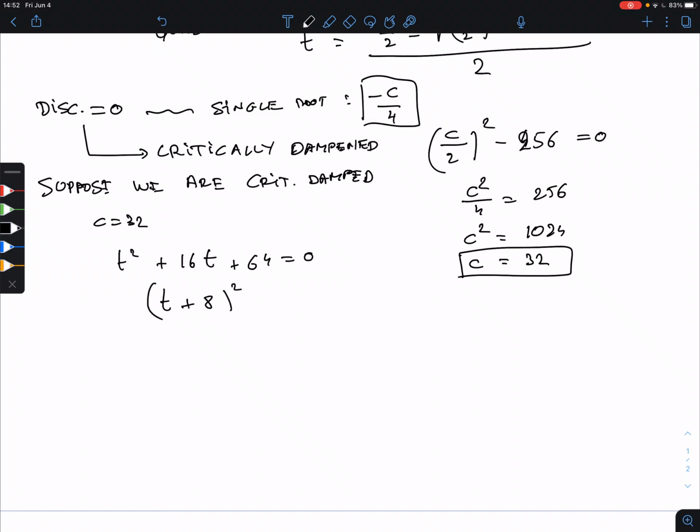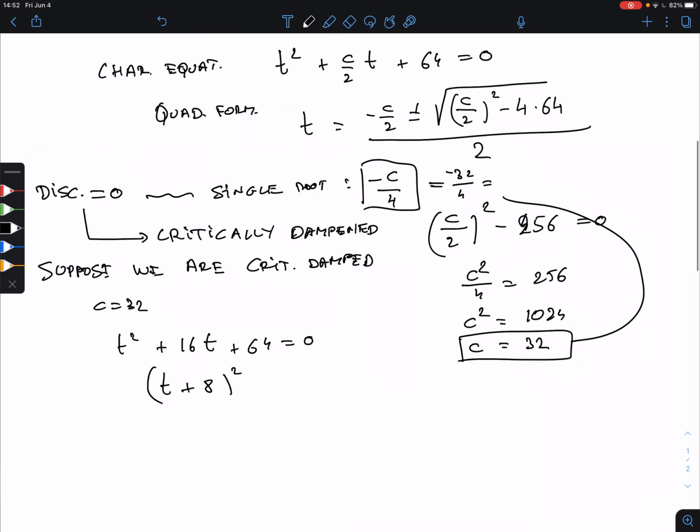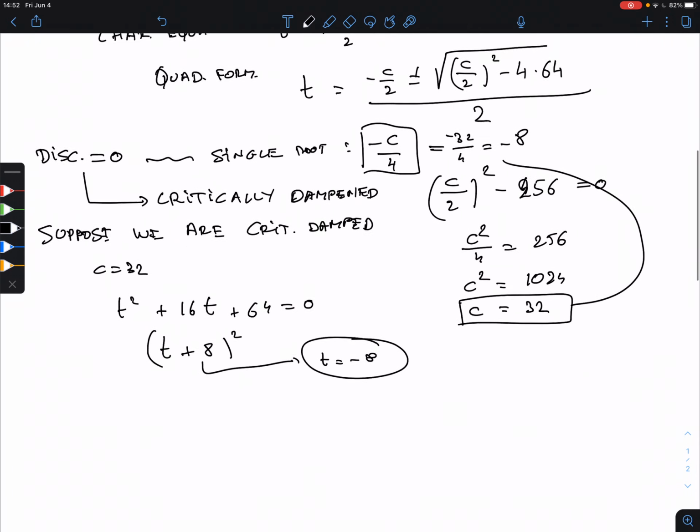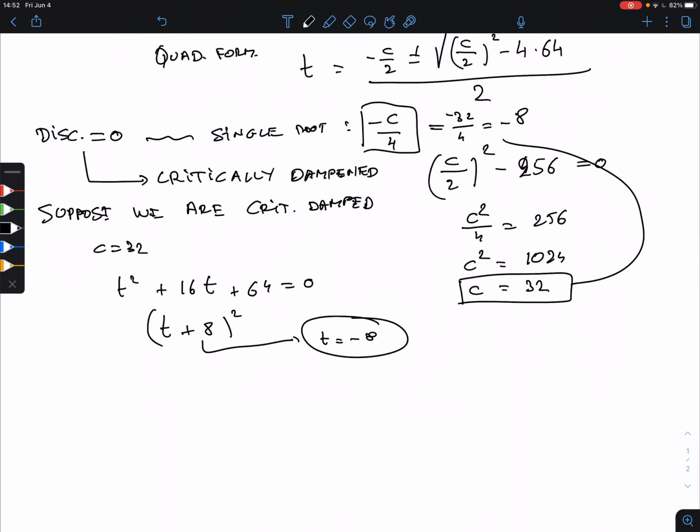And this is what we found here, because if we know that c is 32, then minus 32 over 4 is minus 8. That's exactly what we find here. r is minus 8, and we put it equal to 0. So notice that this is a negative number. Now, what about the homogeneous solution? We know that if it's critical, this is something special.